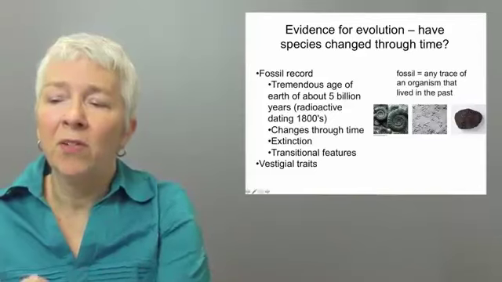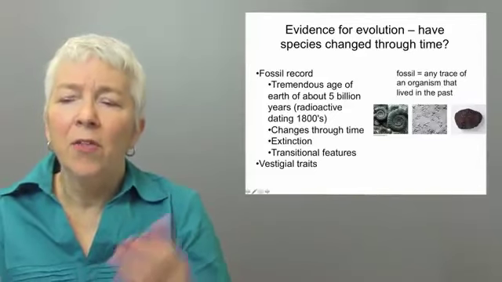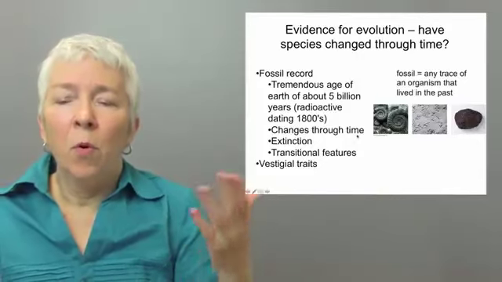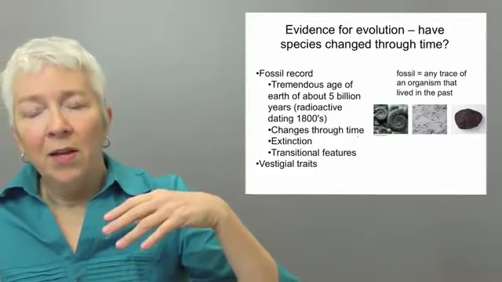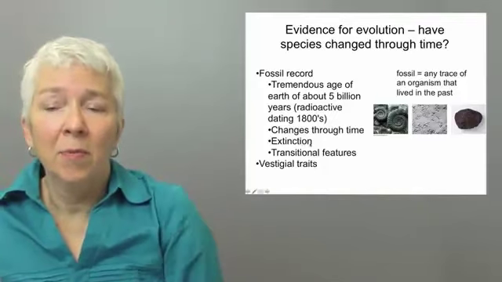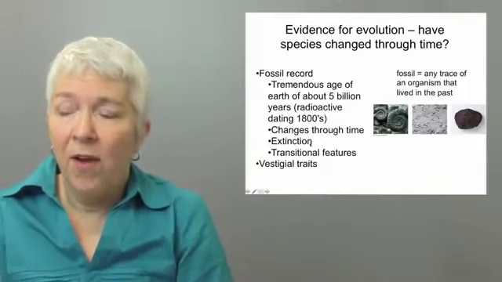But at least from the fossil record, it's very clear that there have been many different changes throughout time, that there were organisms seen in the fossil record, for example, that have apparently gone extinct because they are no longer found anywhere on the planet.